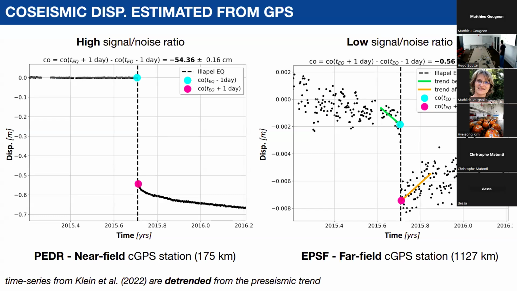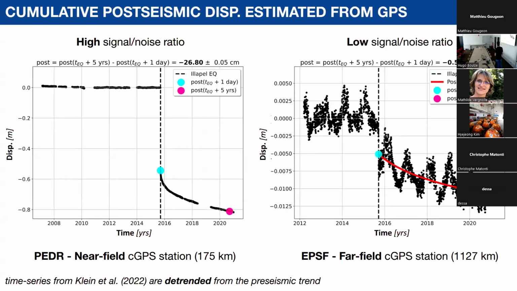For this station, you have a high signal-to-noise ratio, so it is quite easy to estimate a co-seismic offset. When you are far from the trench, more than 1,000 kilometers, it starts to be a little bit tricky, and you have to estimate, for example, some trends or use some numerical tricks to estimate this offset.